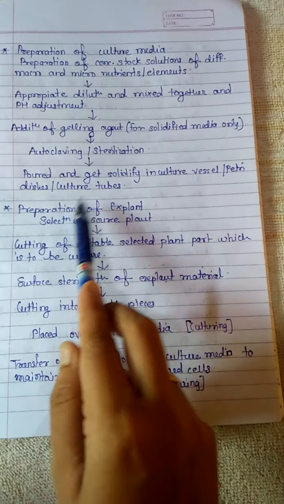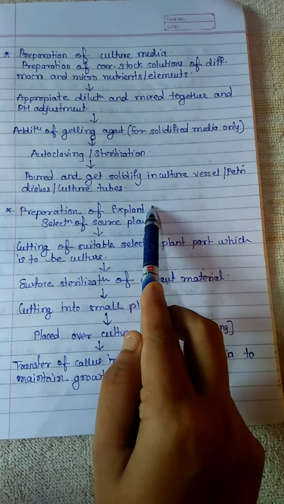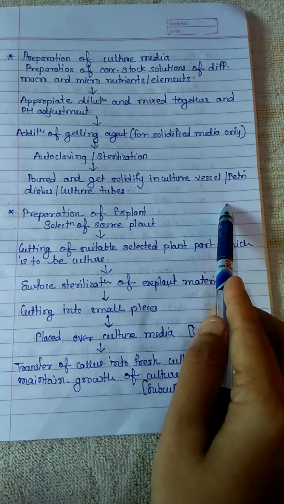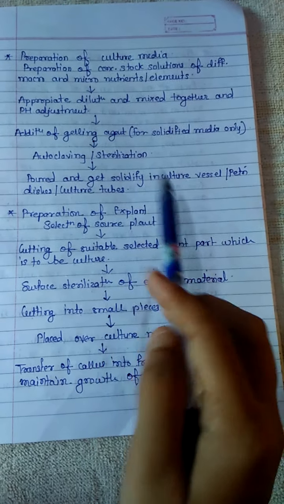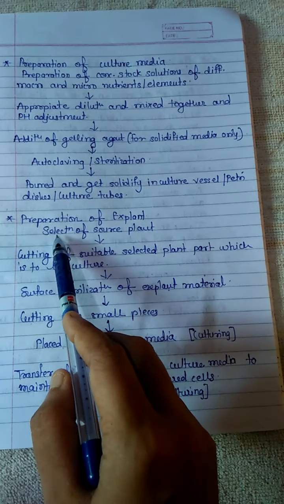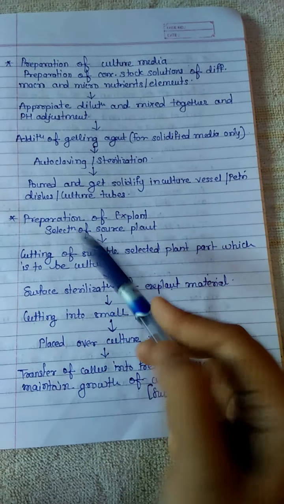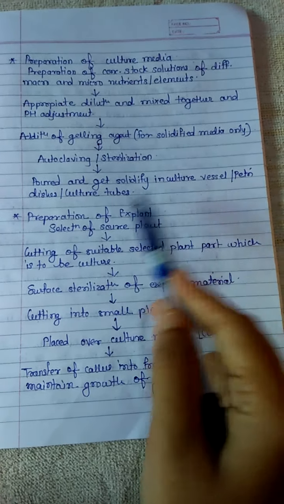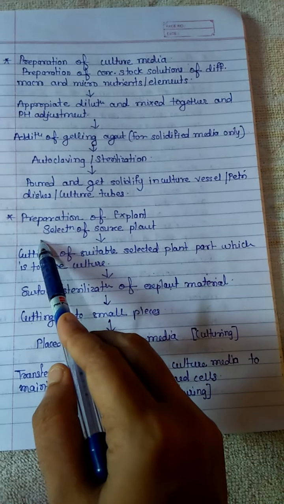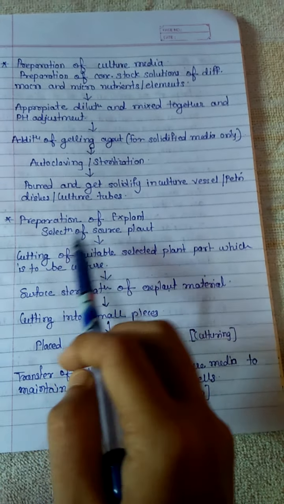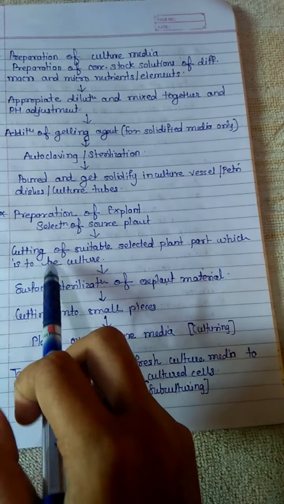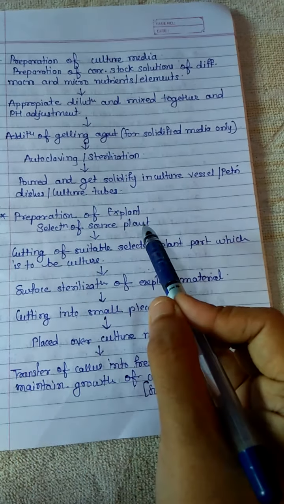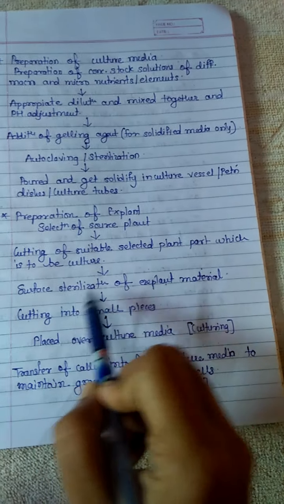Next is preparation of explant, the part which we will use for the culture. So how can we prepare that explant? The part of the plant which will be regenerated is called the explant. First we select the source plant, which should be disease free. Then we cut it into small pieces, then we sterilize it.